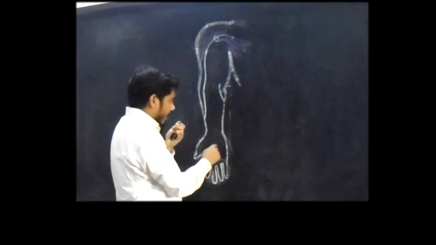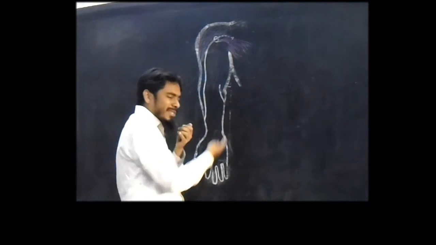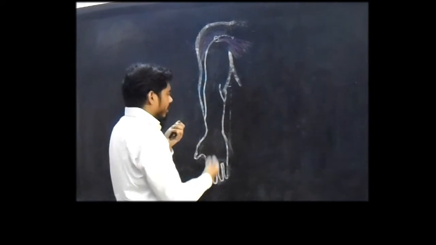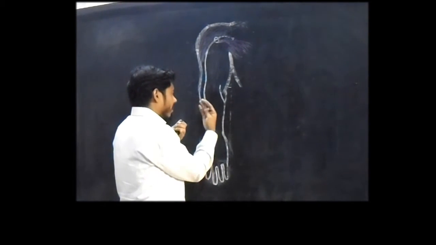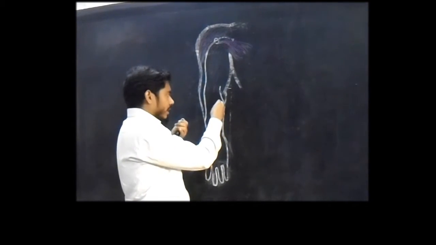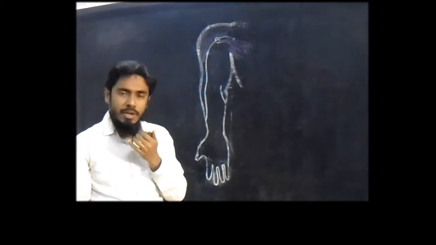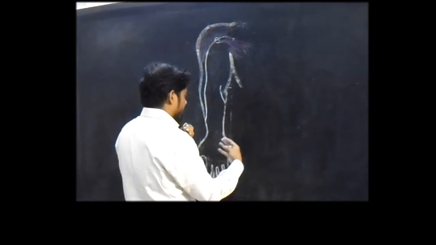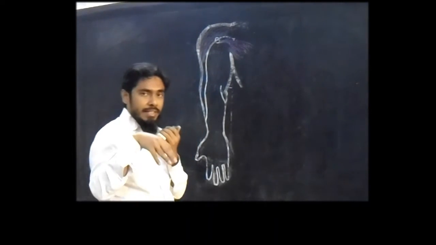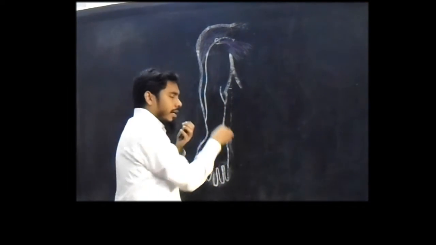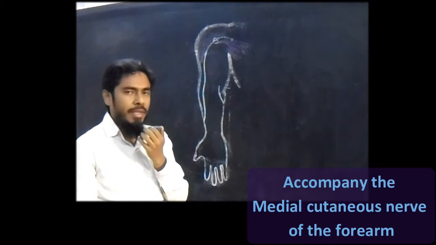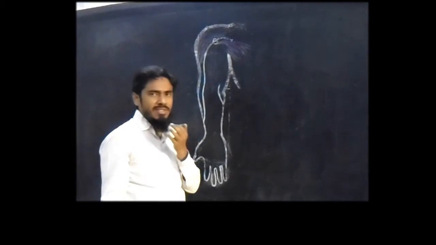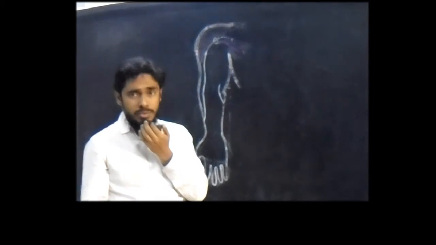Okay, in this area we cannot see the basilic vein. Why? Because it is the palm of the hand, it is the front of the forearm, and the originating portion is situated behind the hand and the forearm. Here it is accompanied by the medial cutaneous nerve of the forearm, and just above the cubital fossa it is accompanied by a few lymph nodes.